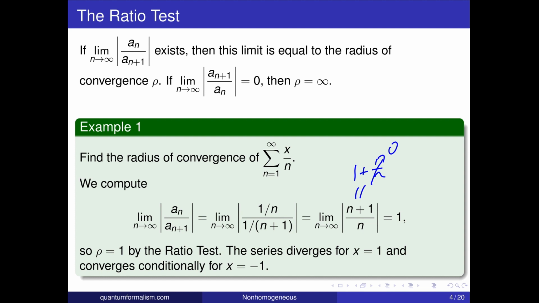And then, like I said before, you know that it converges absolutely on the open interval between -1 and 1, and it'll diverge outside of that.